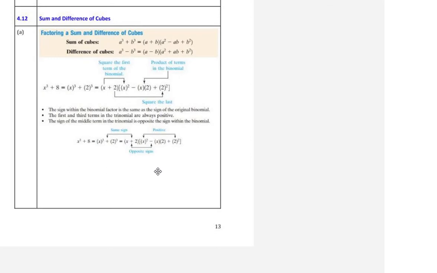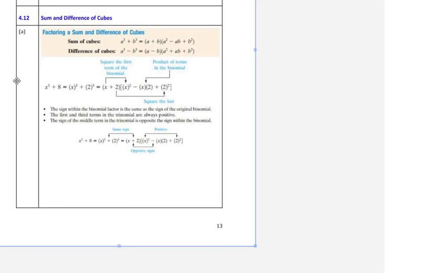So this is really important. Again, the wording tells us it's the sum of two cubes, so it's a cube plus a cube, or the difference of two cubes is a cube minus a cube. And then here are the rules for how you find the factors for that.